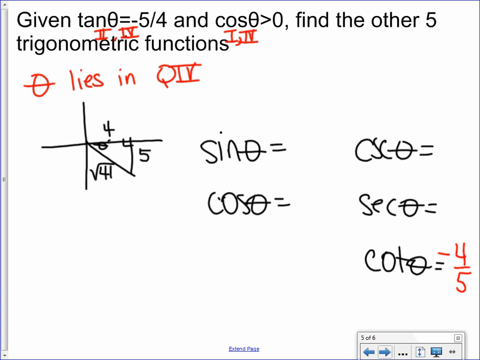Negative 4/5. Okay. I also know tangent was negative. We know cosine's positive. What kind of sine value should sine be? Negative. Okay. What is the sine ratio?